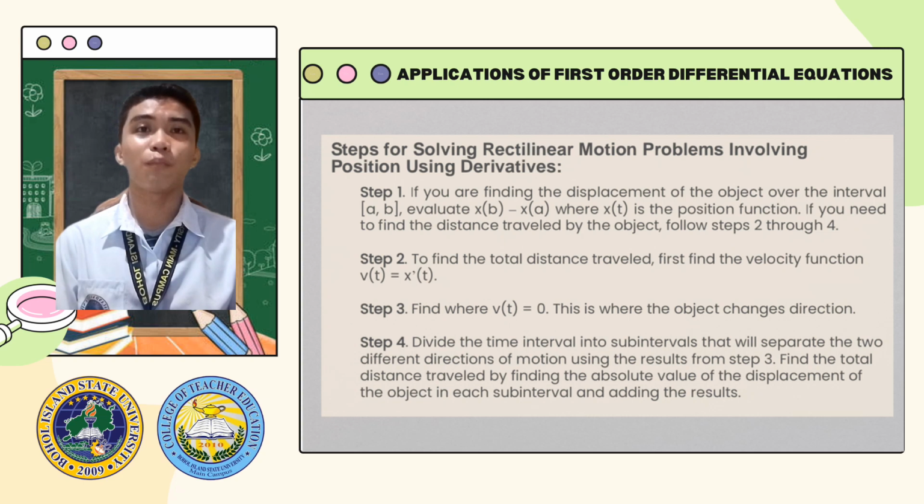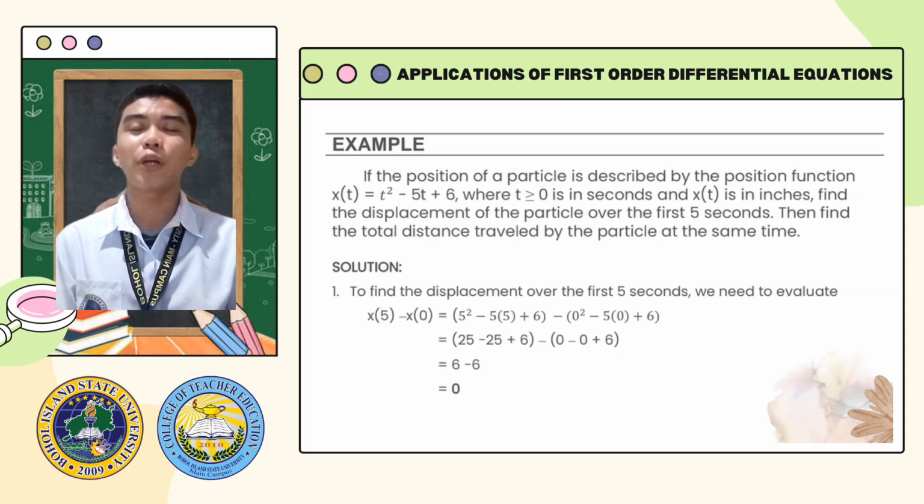If the position of a particle is described by the position function x of t is equal to t squared minus 5t plus 6, where t is greater than or equal to 0 and is in seconds, and x of t is in inches, find the displacement of the particle over the first 5 seconds. Then find the total distance traveled by the particle in the same time.